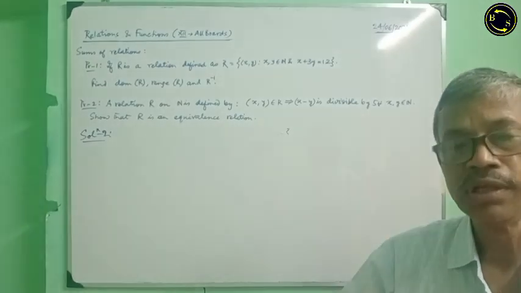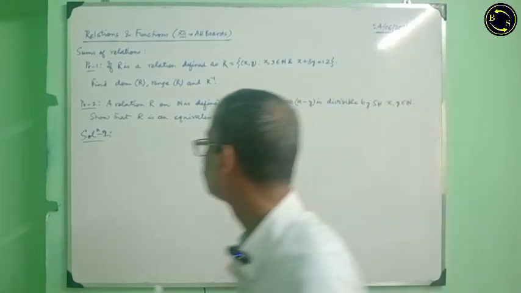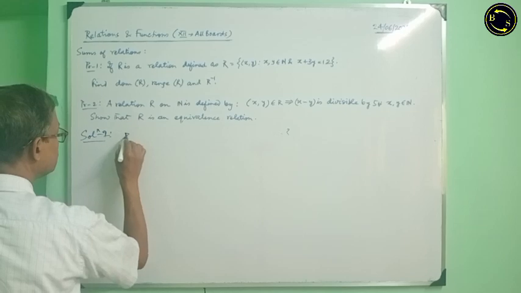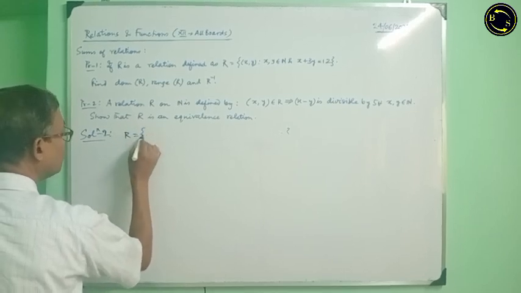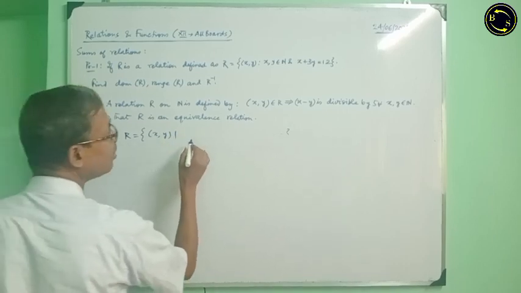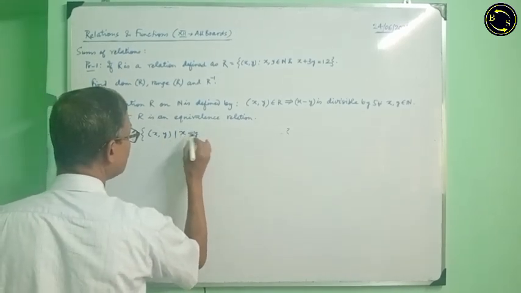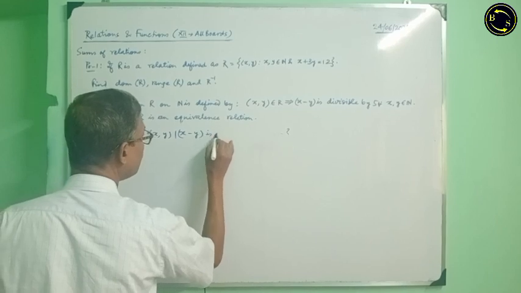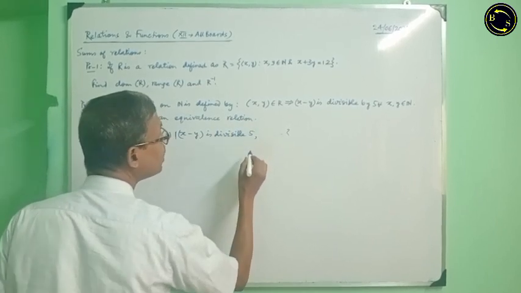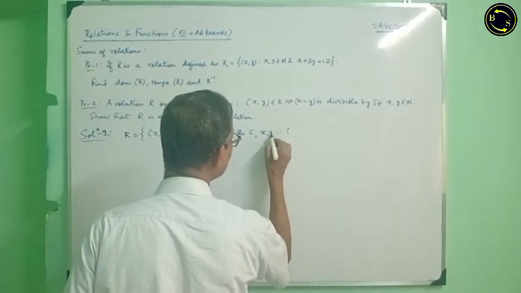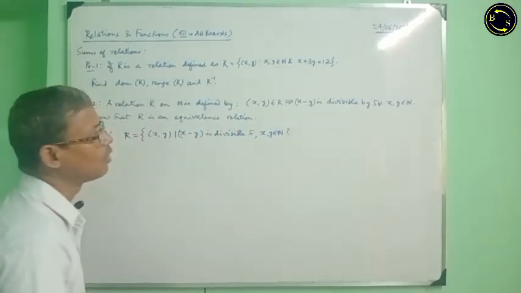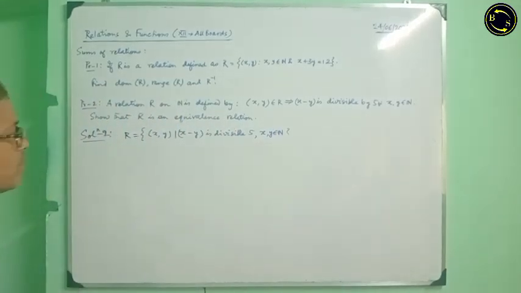I shall first show step by step. x minus y divisible by 5, x, y are elements or members of set of naturals.